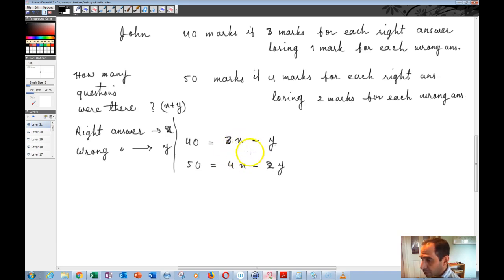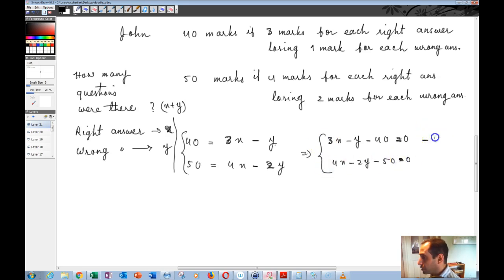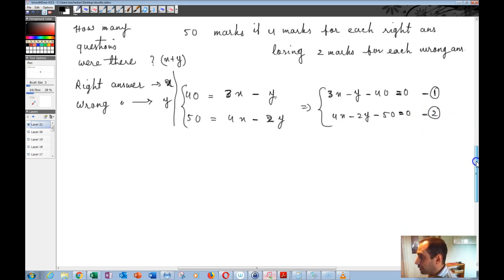Now I'm going to write this in standard, or general, form. I'm going to write this as 3x minus y minus 40 is equal to 0, and this as 4x minus 2y minus 50 is equal to 0. These are the equations we are going to use, number 1 and 2.